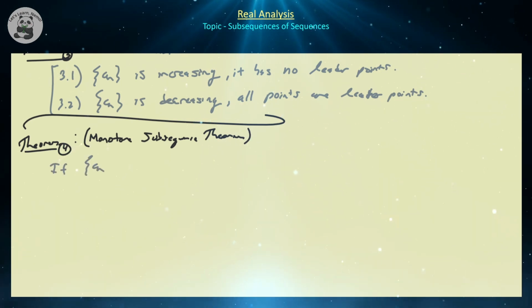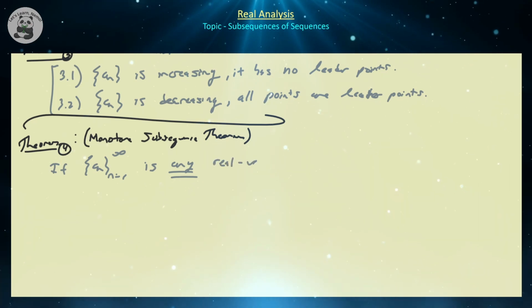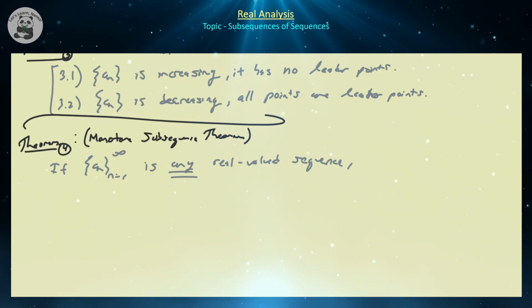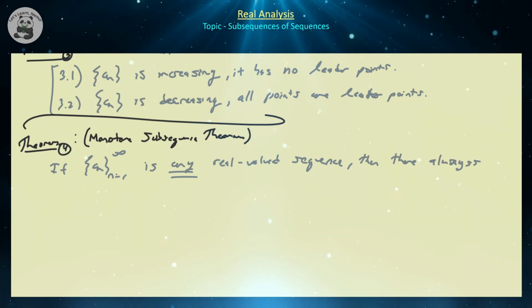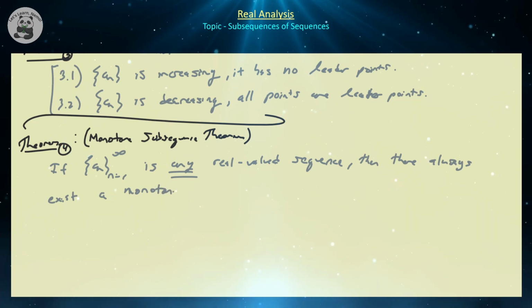If a_n, where n ranges from 1 to infinity, is any real valued sequence, so it could be convergent, divergent, bounded, unbounded, increasing, monotonic, strictly monotonic, and so on, then there always exists a monotonic subsequence.